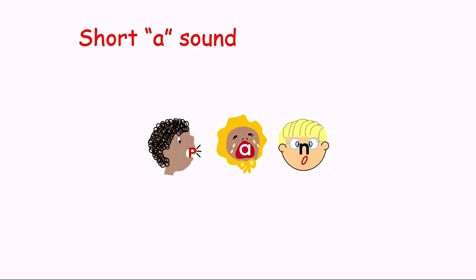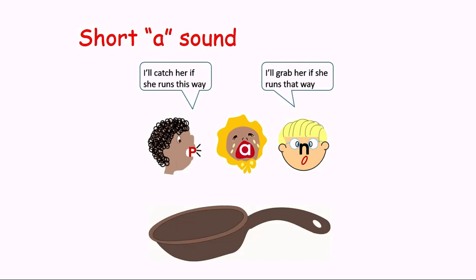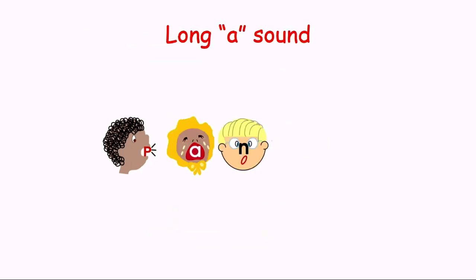There's the short A sound, p-an, p-an. If I'll catch her, she'll run this way. I'll catch her if she runs that way. So either way, she can't get away because the kids are there to catch her. And when I say my word, p-an, I should hear pan.